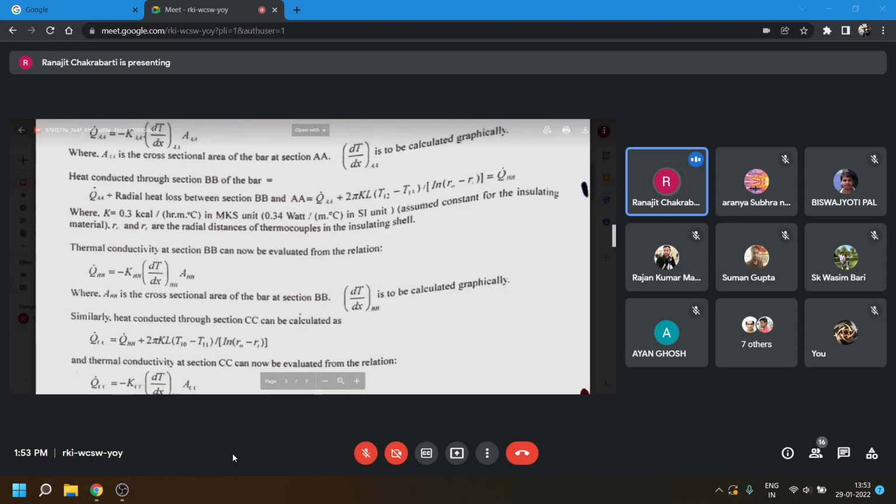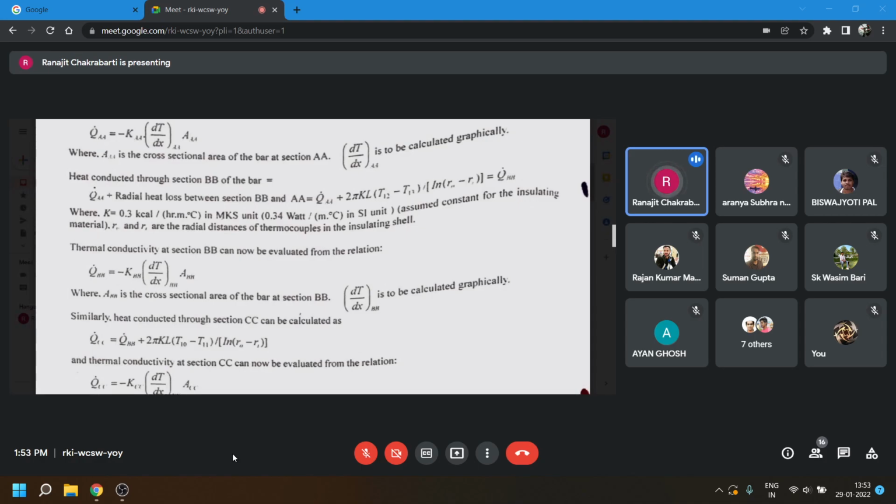L is the length between section BB and A. T12 minus T13 divided by log RO by RI. This is not minus. This is divided by.